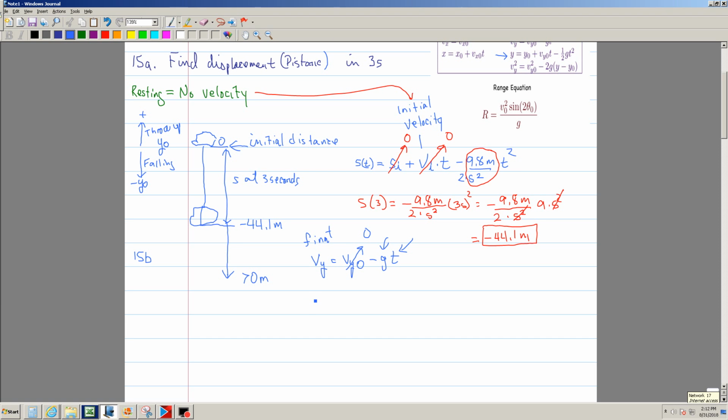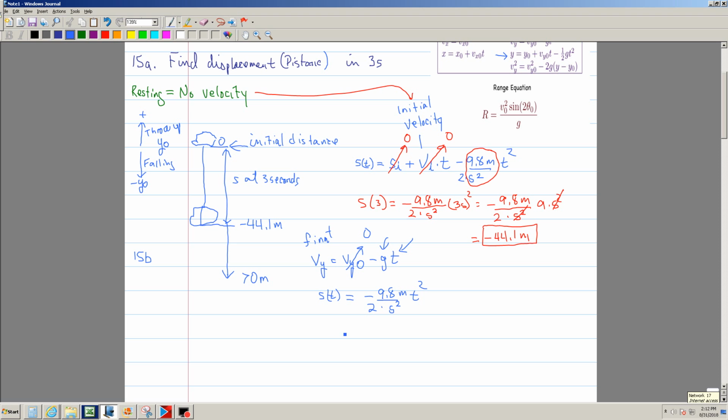We can use the same equation that we used before and solve for time. We said it was negative 9.8 times t squared.